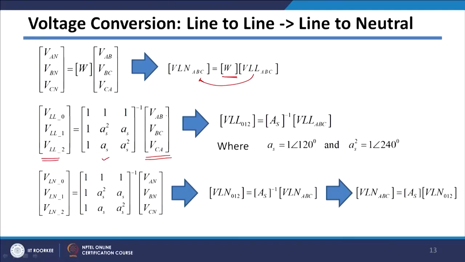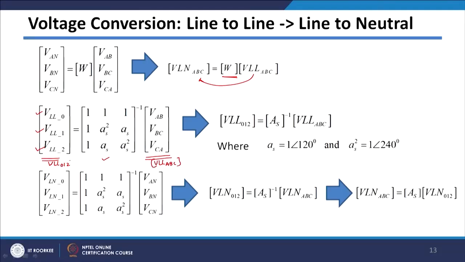Phase voltages VAB, VBC and VCA, because these are line to line voltages, will be converted into line to line zero sequence voltage, line to line positive sequence voltage and line to line negative sequence voltage. In short form I can write VLL 012 and this will be VLL ABC.